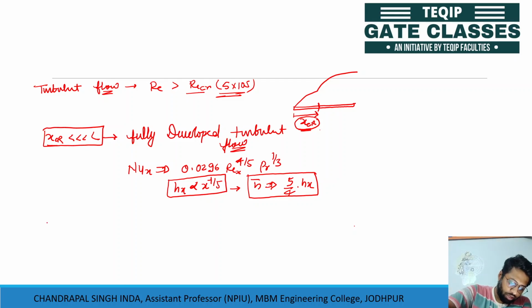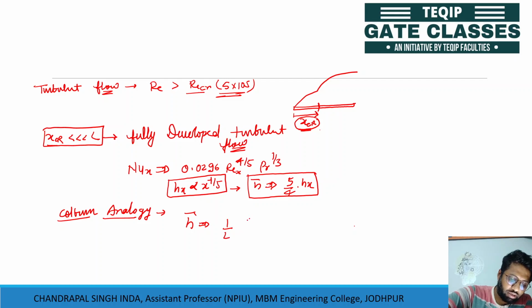So we have one more empirical relationship in which the laminar flow is significant, meaning we have to consider both laminar and turbulent. In that case we use the Colburn analogy, and according to this, h bar is equal to 1 by L times the integral from 0 to x_cr of h_x dx plus the integral from x_cr to L of h_x dx.